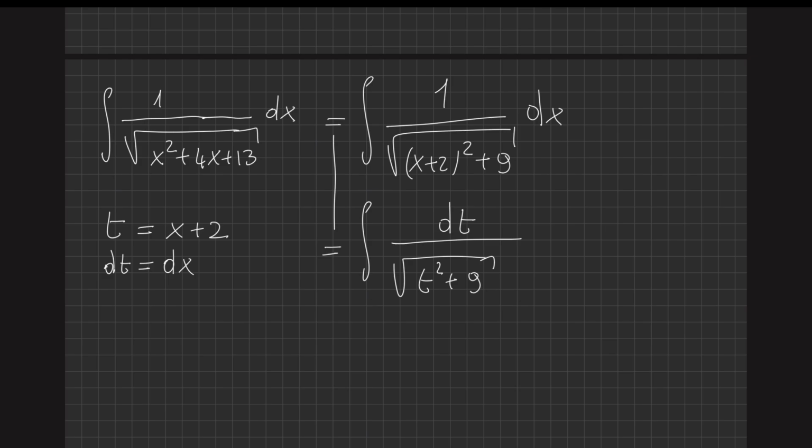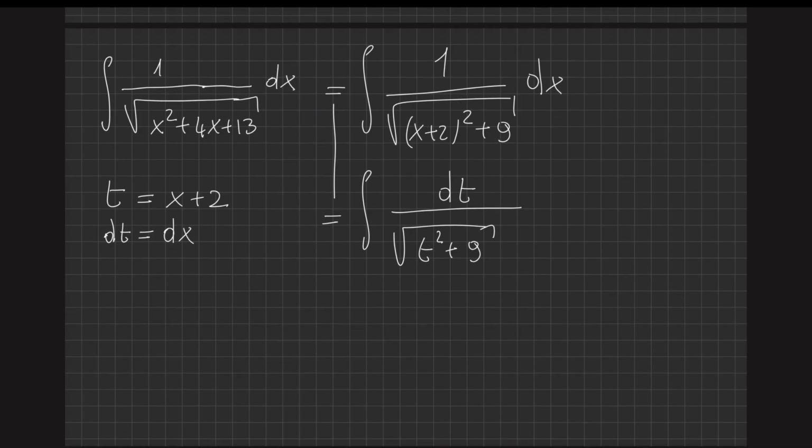So we have 1 over the square root of the sum of two squares. This means, again, that the correct substitution is t equal to 3 times the tangent of theta. And why 3? Because here we have 9, which is a square, which means that I have to take the square root of 9, which is 3.